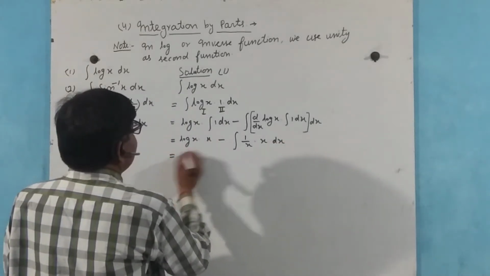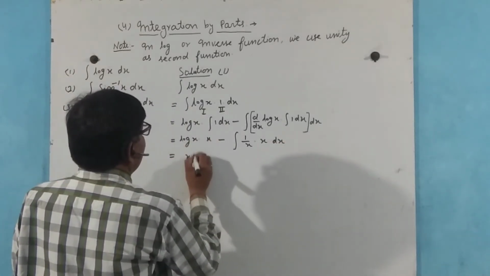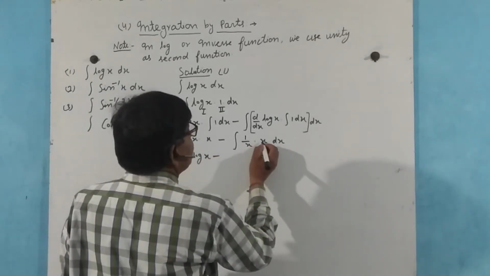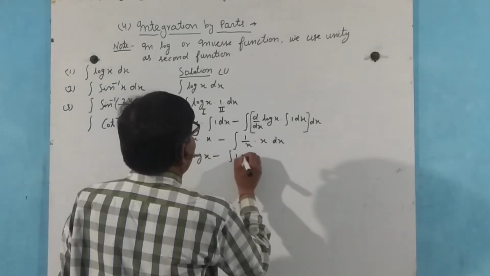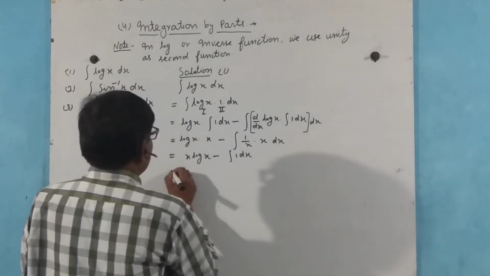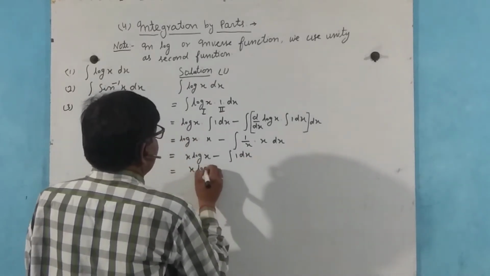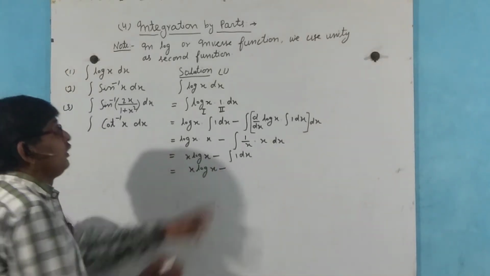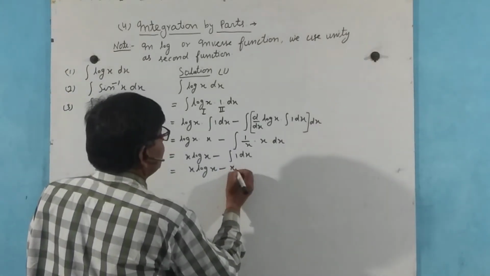Now this comes here: x log x minus x cancel, integration of 1 dx, so x log x minus integration of 1 is x.